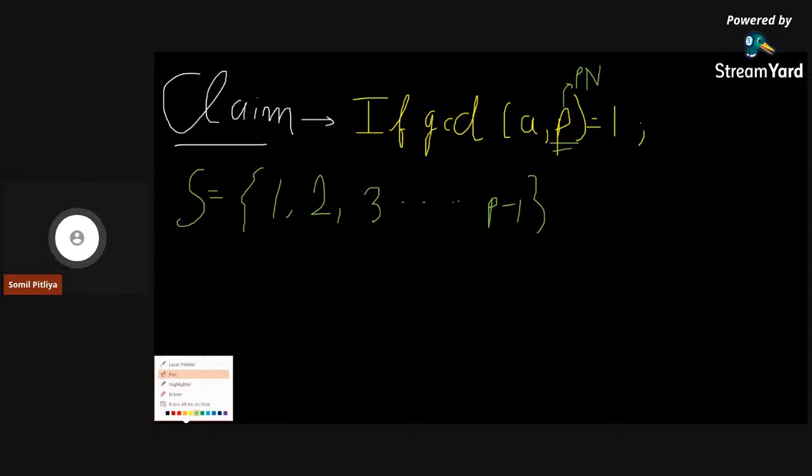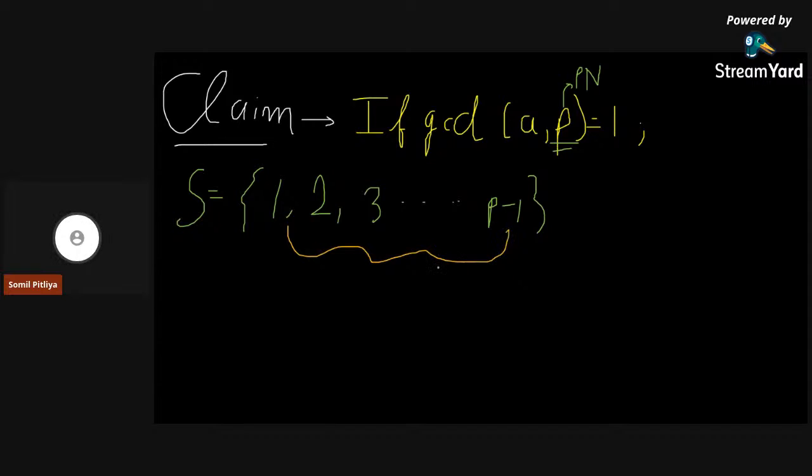Now, if I take any number a from this set, then there exists another number b belonging to set S such that ab is congruent to 1 modulo p.